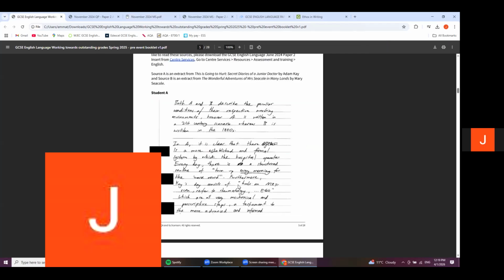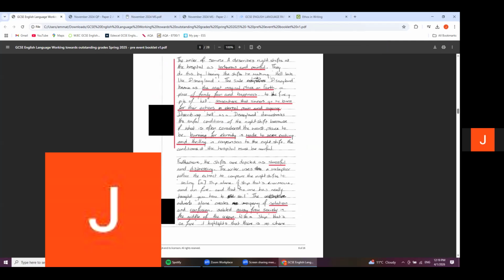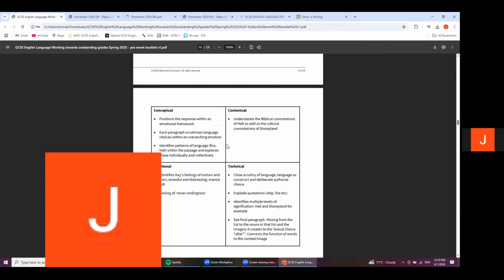And if I just scroll down, I will find an example of some questions here. So this is a question that has been marked, where an examiner has identified that a student has responded within an emotional framework.